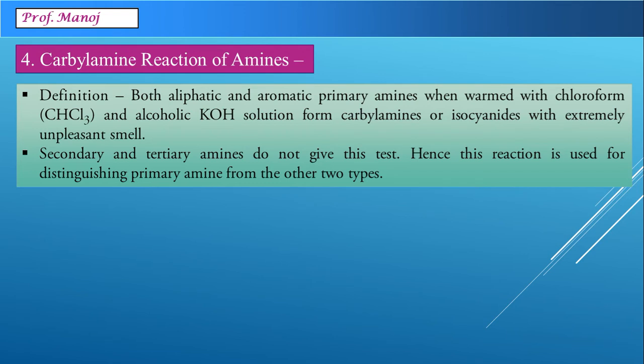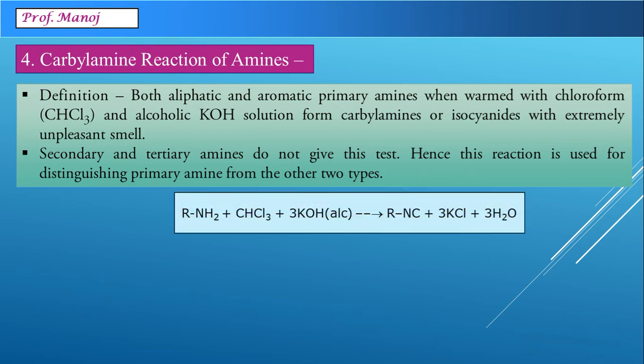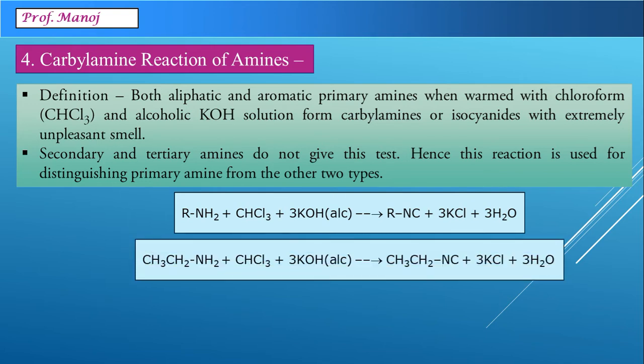That's why this reaction is used to distinguish primary amines from the other two types. Let us see a general reaction. RNH2 with chloroform and alcoholic KOH produces RNC, that is alkyl isocyanide. If we take R as an ethyl group, you get ethyl isocyanide.